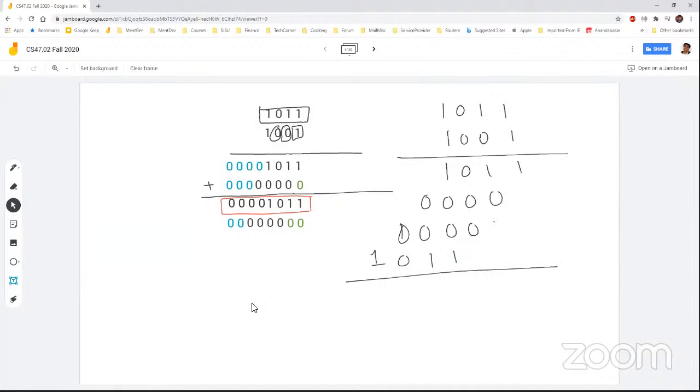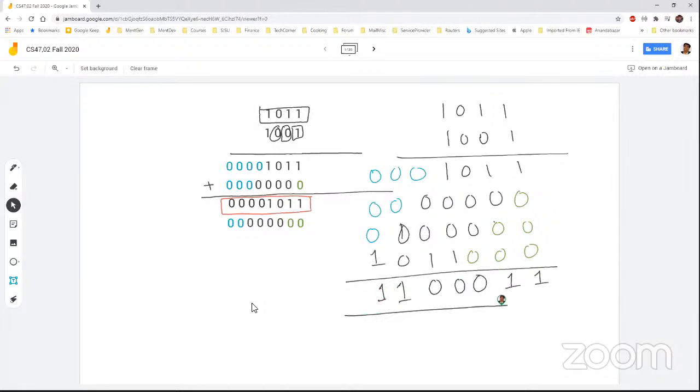We assume these columns have 0 0 0 0, and above them are 0 0 0 0 0 0, something like that. So the result ultimately becomes 1 1 0. This column is 1 plus 1, 0, carry forward 1, 1 plus 1, 0, carry forward 1, which is 1 and 1.